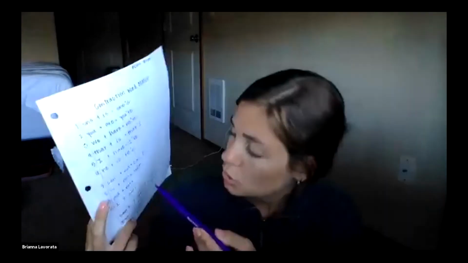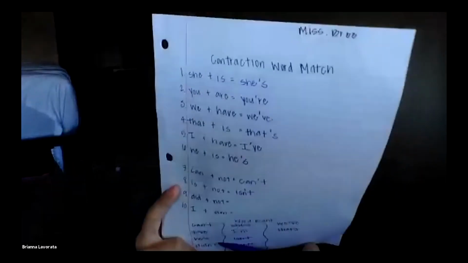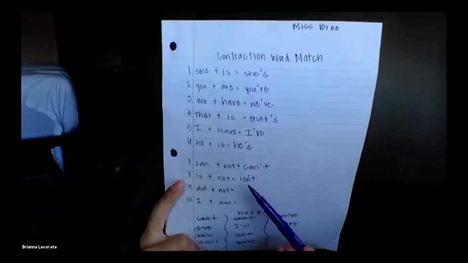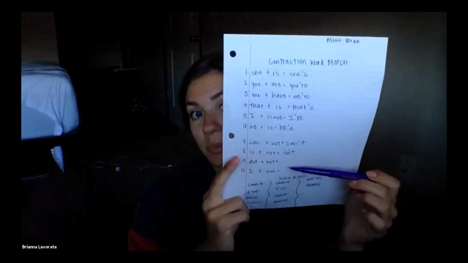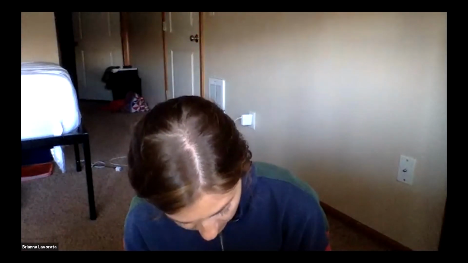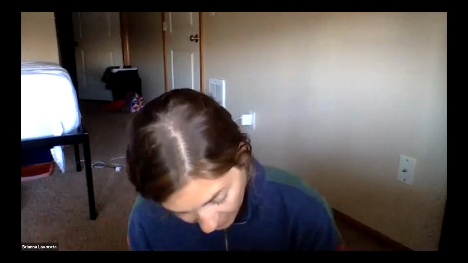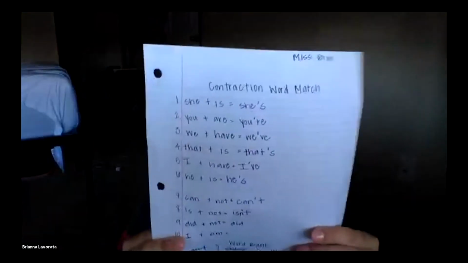Right, we have 2 more. The 2 words left on my list are didn't and I'm. I know that didn't and I'm are going to be number 9 or 10. I don't know which yet because we have to read it. So we have did plus not. That first step, we are going to write our word, did. This one is the same. Let's go ahead and find our word, did.